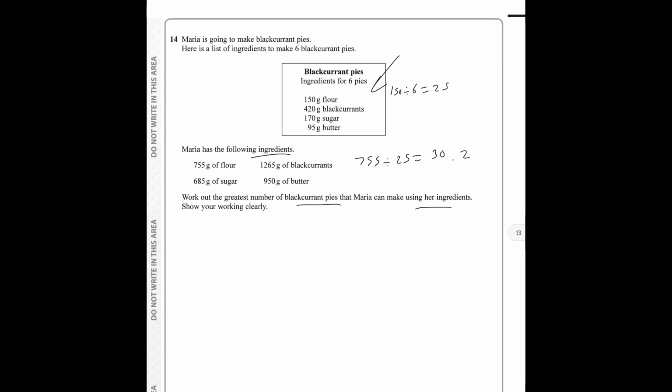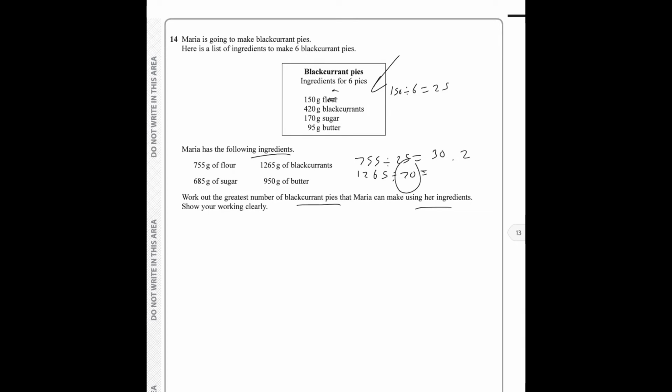This is 4 marks. Then you should do 265 divided by 70. The reason is that we calculate it for all 4 of the ingredients, right? The reason we're dividing is to calculate how many blackcurrant pies there can possibly be.